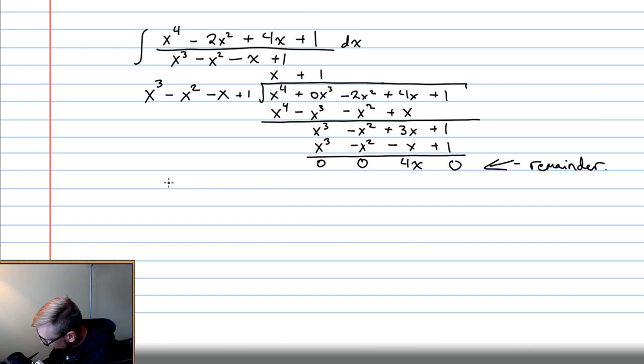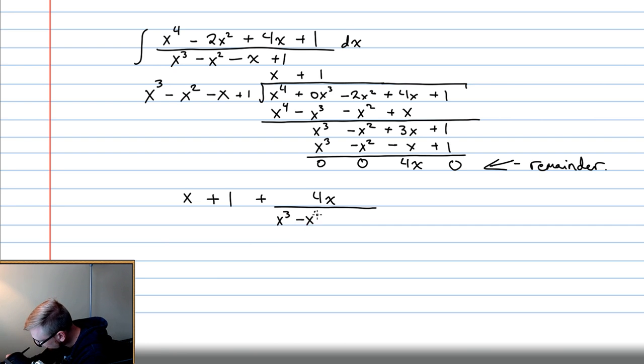And then, so what do we have? We've got an x plus 1. Plus 1. And then we've got a plus 4x. And now this is being divided by the x cubed minus x squared minus x plus 1. We've got x cubed minus x squared minus x plus 1.